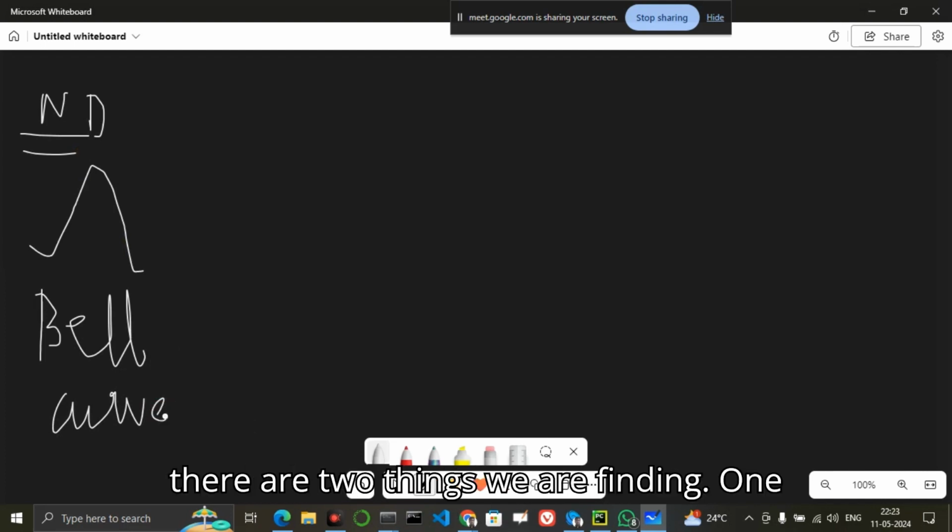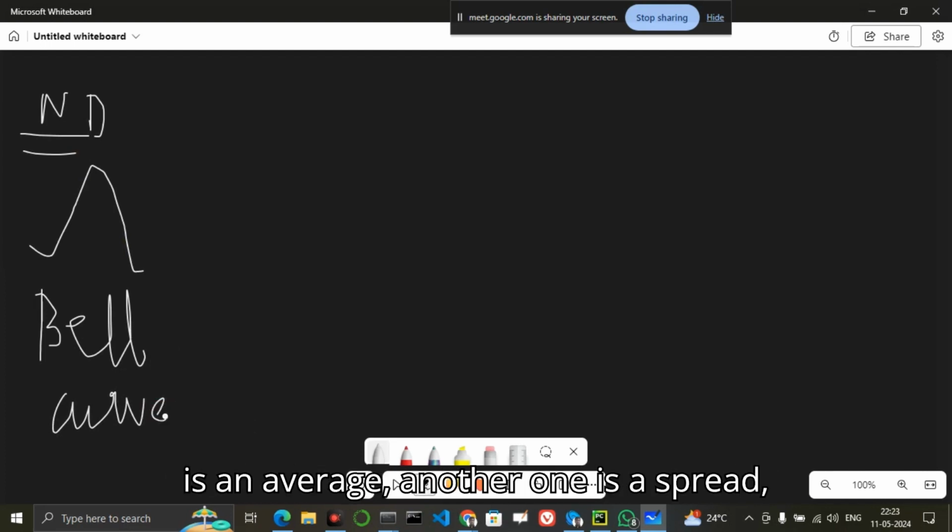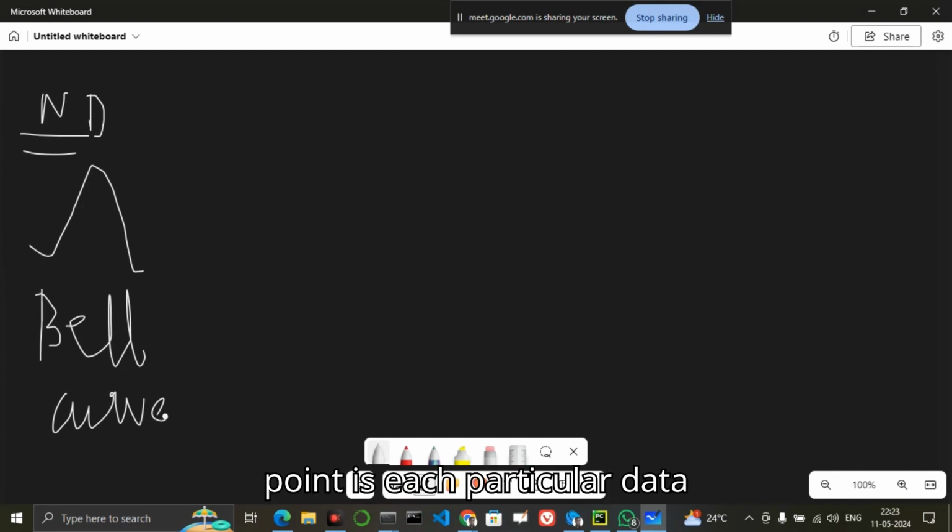So the things we are finding are the average, the spread, and the data point. Three things will come into the picture, folks. A data point is each particular data item which is there, for example a person's height.